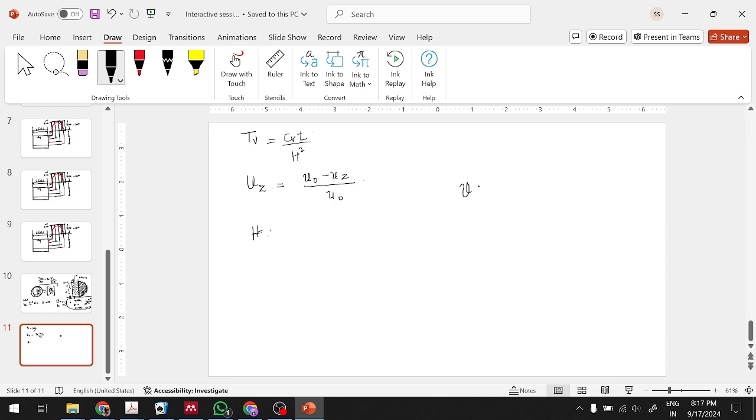The average degree of consolidation is equal to 1 minus 1 by the degree of consolidation. Then you can actually have these charts: you calculate TV, you calculate UZ, and then you have these charts.